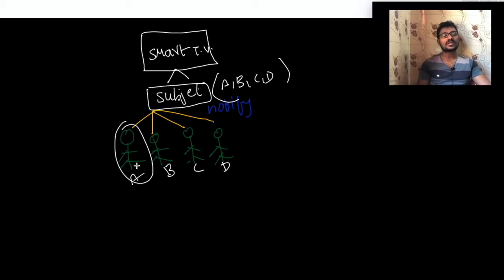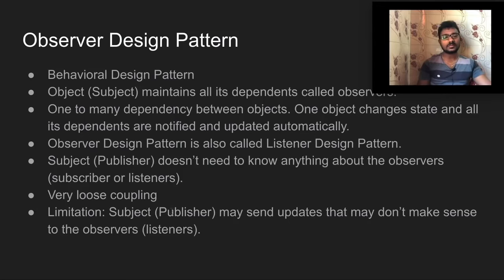Those notifications are irrelevant to this observer. This is one of the limitations, but it can be overcome by using some other methods. We will cover those in upcoming videos. So the subject may send updates that don't make sense to the observers.